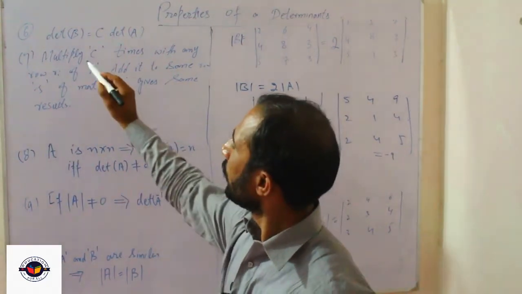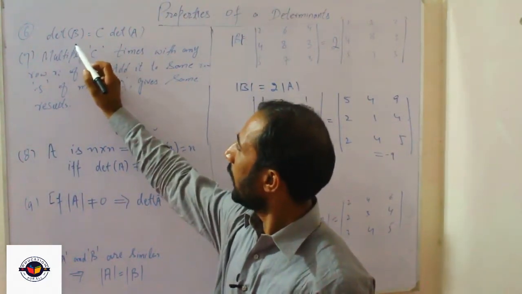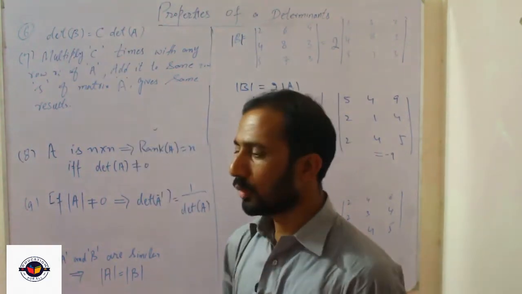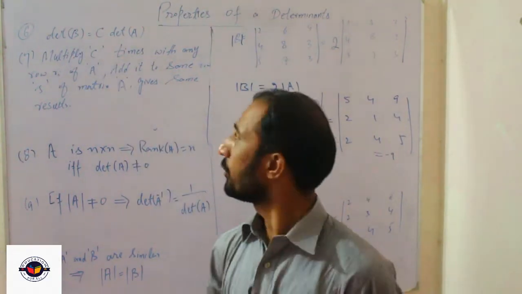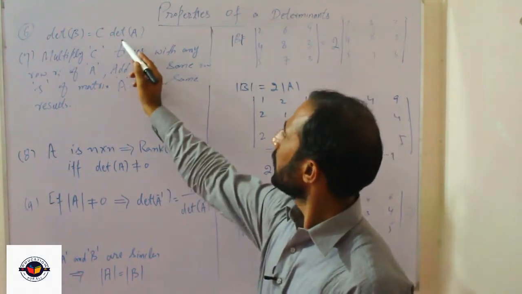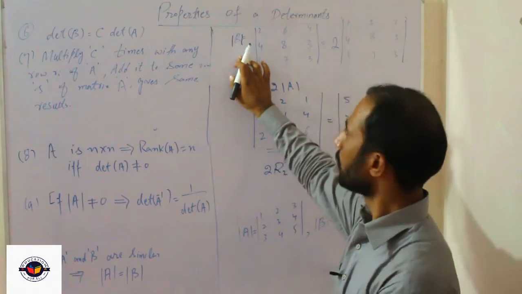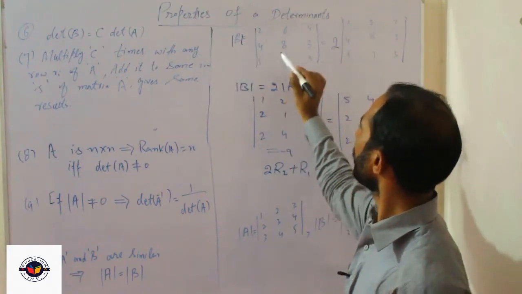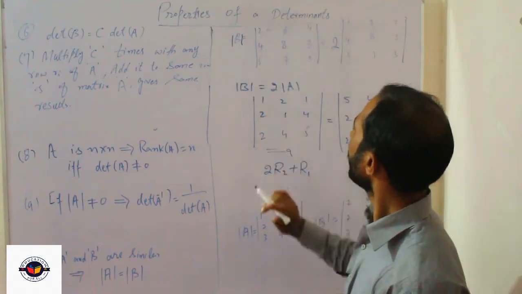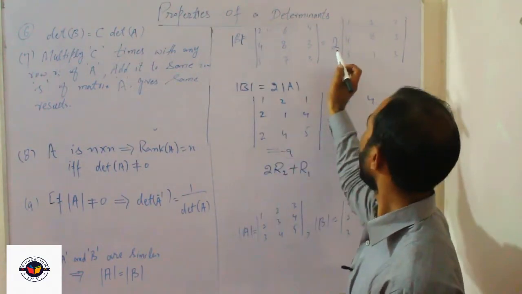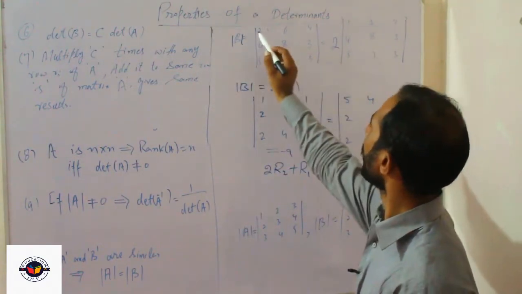Okay, now we discuss property number 6. In property number 6 it is given that the determinant of B is equal to C times the determinant of A. What does it mean? Suppose we have a matrix B which is given in this form, and from this matrix B we can take 2 as common from the first row.